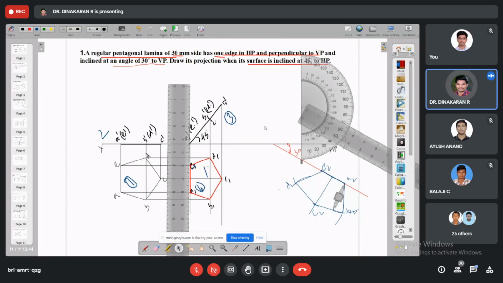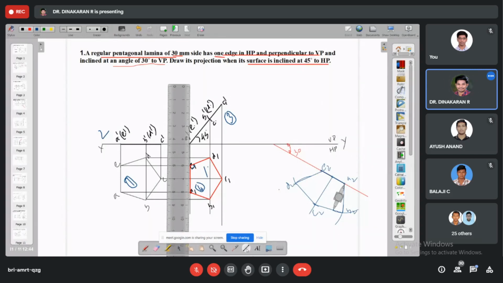After that, projection. What other projection is there? Projected from this A2 to where it meets, and B2 and C2, D2, and finally E2.